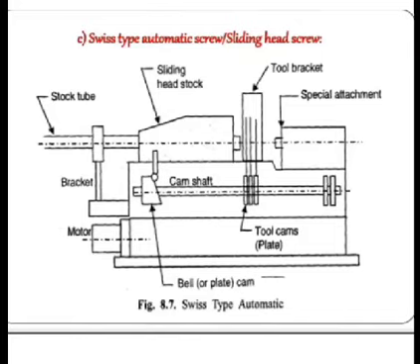The stock is held by a rotating collet in the headstock, and all longitudinal feeds are obtained by a ram which moves the headstock as a unit. The rotating bar stock is fed through a hard bushing in the center of the tool head. This is about the working of the Swiss type automatic screw machine.